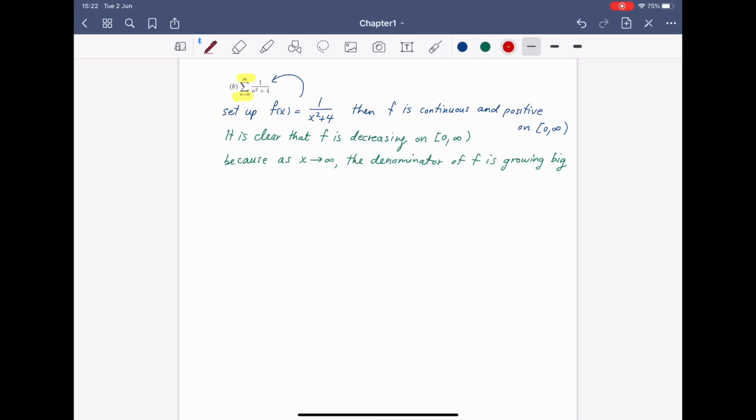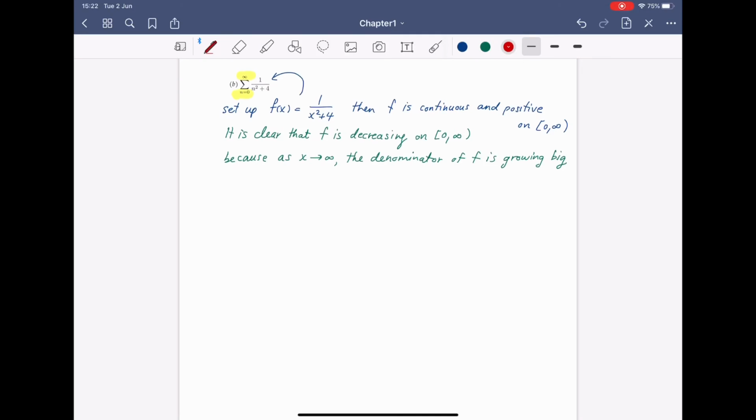Now we're going to do the integration. Let's integrate 1 over x squared plus 4 dx from 0 to infinity, and this result is the one we use to conclude the behavior of the series as well.